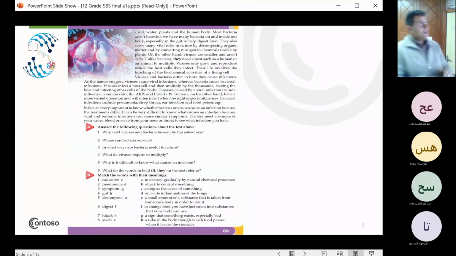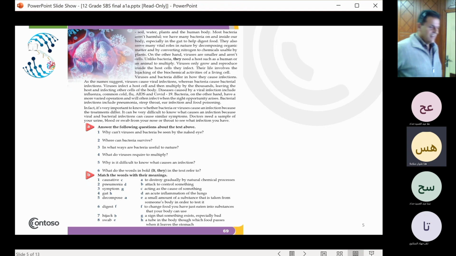Where can bacteria live? They give us examples. Soil, water, plants, and the human body. Let's continue. Who will continue reading? Soil, water, plants, and the human body. Most bacteria aren't harmful.